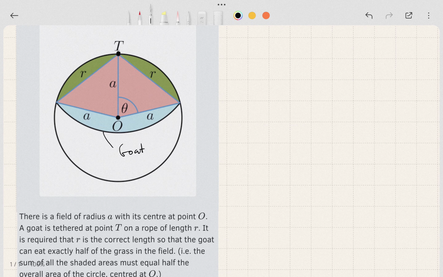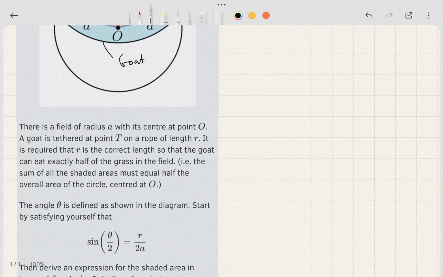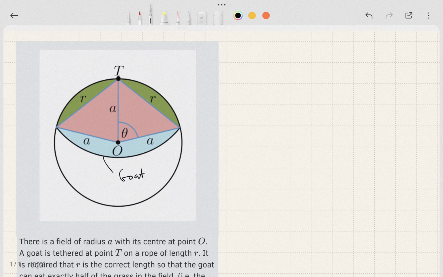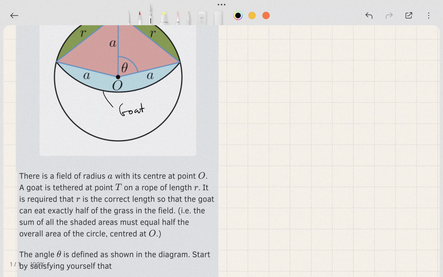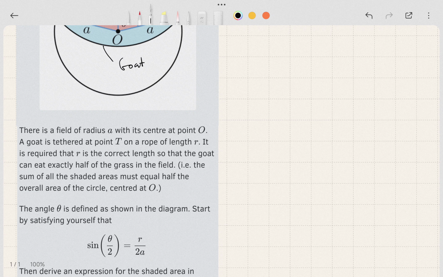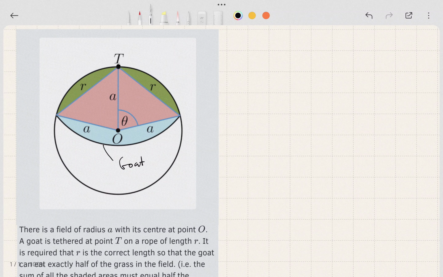So let's think about how this equation is derived. Sine of theta over 2 is equal to R divided by 2A. Well, we can apply the cosine rule, but essentially what you can do is divide the triangle in half, so that the angle here is theta over 2 and the side here is R over 2.